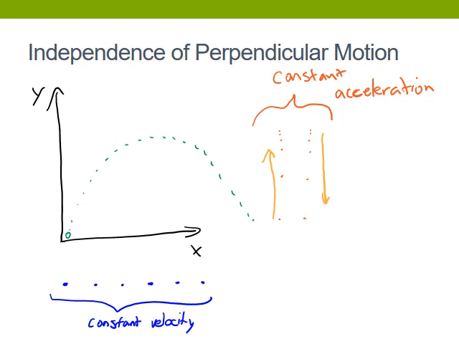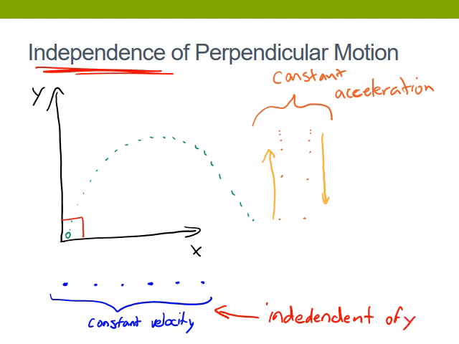And so interestingly enough, the motion in these 2 directions is independent. So these directions that are perpendicular are independent in their motion. So whatever happens in x is independent of y, and whatever happens in y is independent of x.